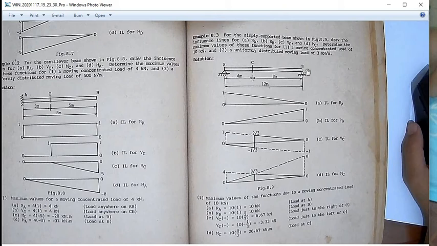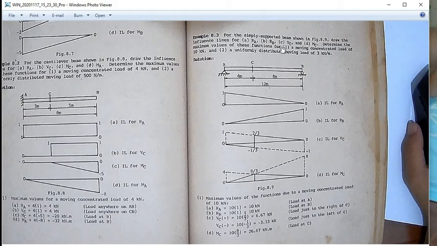Ganon din naman sa point B. For reaction B to be maximum, doon ka maglagay ng unit load sa taas niya mismo. Kaya meron ditong positive 1. Okay? Ngayon, kung maglalagay ka ng unit load sa gitna niya mismo, then shear at A would be 0.5, shear at B would be 0.5. Hindi na yon maximum.